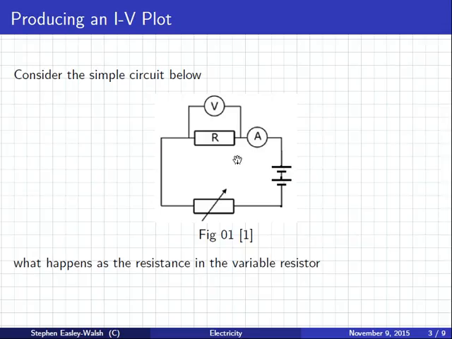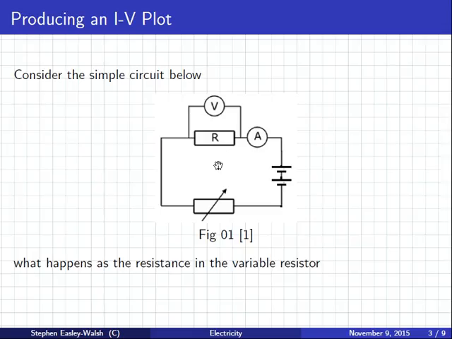So will the voltage be the same or different in this resistor and this resistor? Different. Because what's the formula for voltage? V equals I times R. Now, will the I be the same or different?